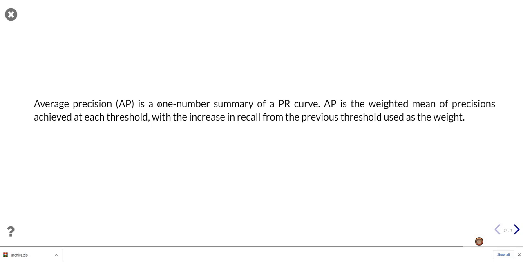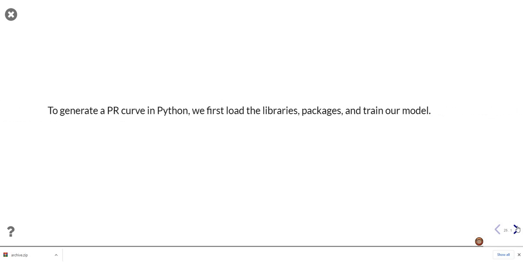So average precision is just a summary of a PR curve. You just take the weighted mean of precision achieved at every threshold and then you average it out. It's weighted.